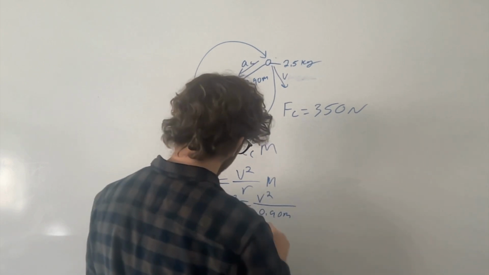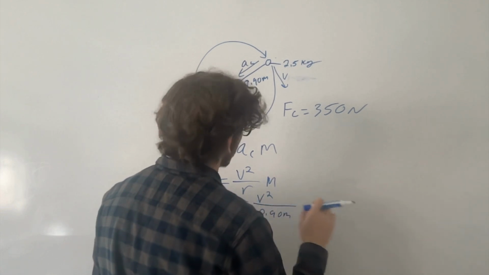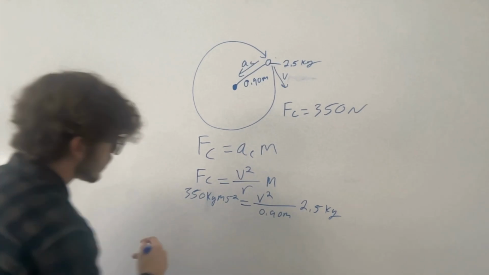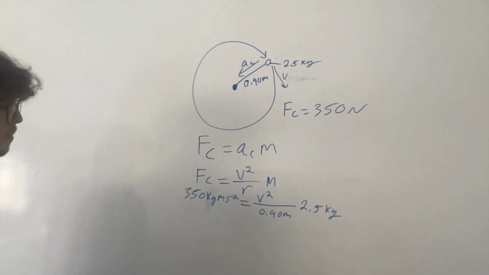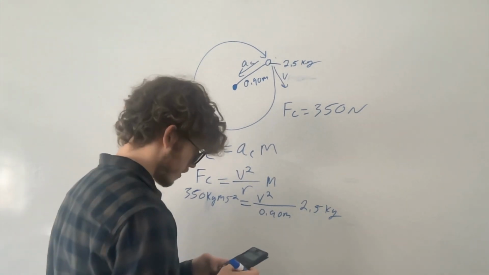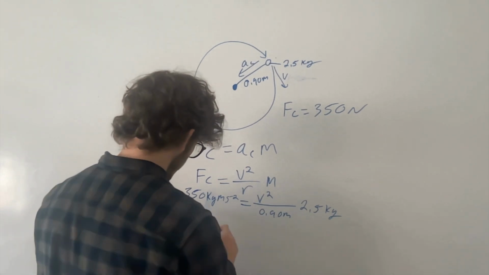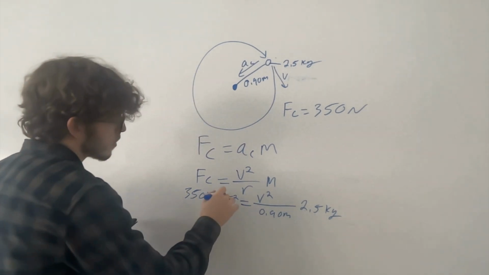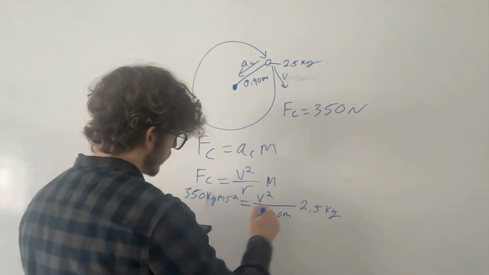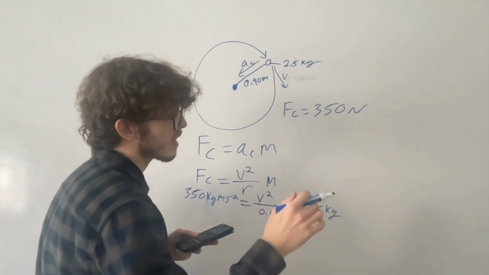And the mass of the object is 2.5 kilograms. We multiply the meters over, and we divide by the 2.5 kilograms. So 350 times 0.90 gives us 315 kilogram meters squared per second squared. We divide it by the 2.5 kilograms, and that's going to give us meters squared per second squared.